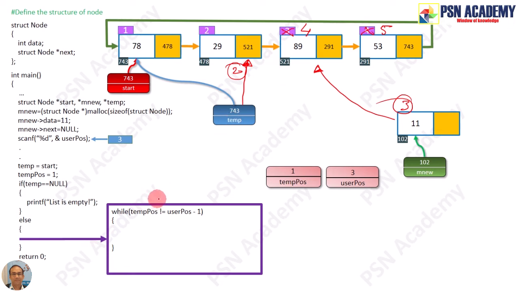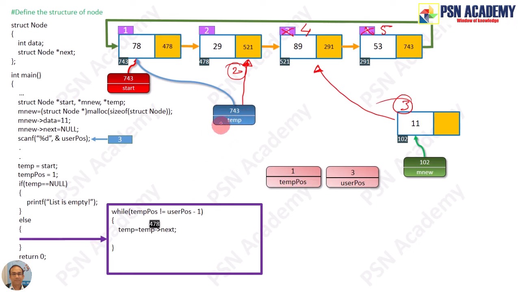So that is why we use temp pose not equal to user pose minus 1. So until temp pose is not equal to user pose minus 1, what we do? We move temp one node forward.